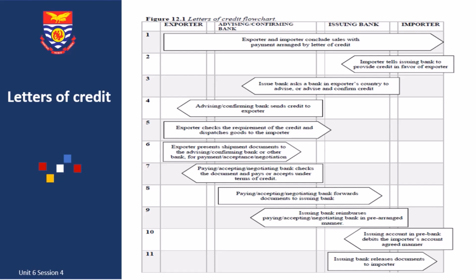From there, the issuing bank will release the documents to the importer. And finally, the importer will use these documents to take delivery of the goods. This is how letters of credit work, the process it goes through. So it's between the exporter, the exporter's advising or confirming bank, the issuing bank, and the importer itself.